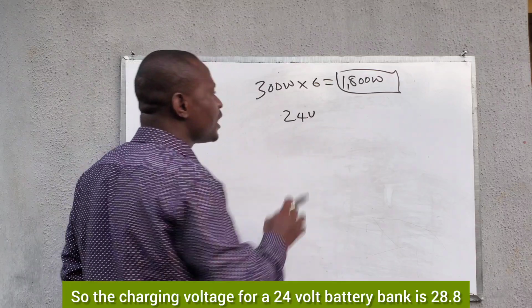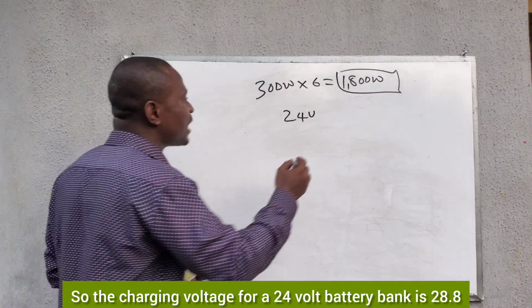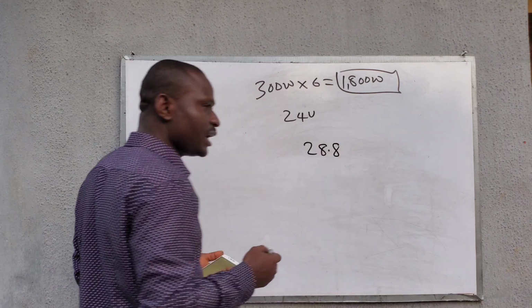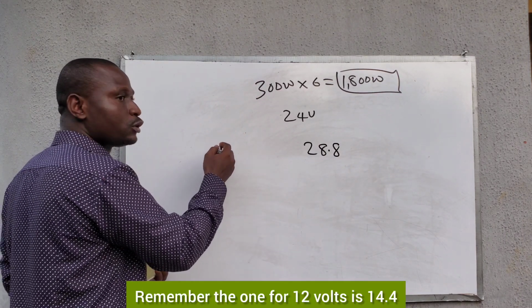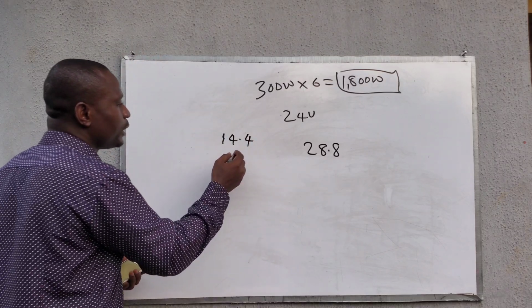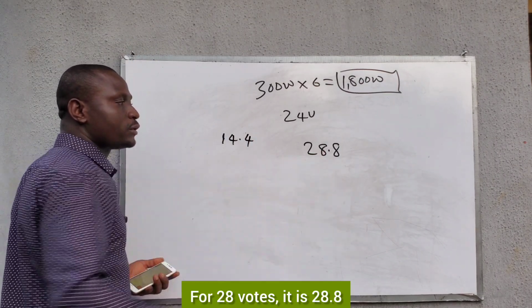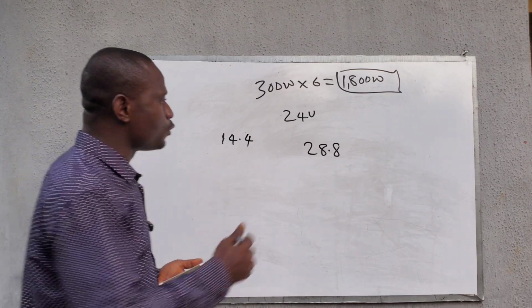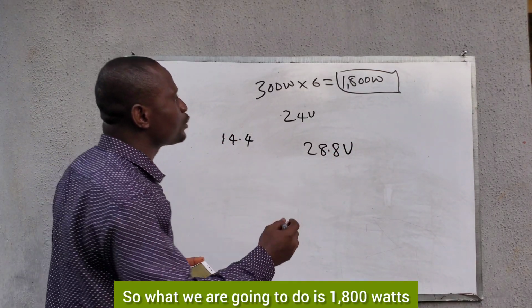So the charging voltage for a 24-volt battery bank is 28.8. Remember, the one for 12 volts is 14.4. So for 24 volts, it is 28.8 volts.